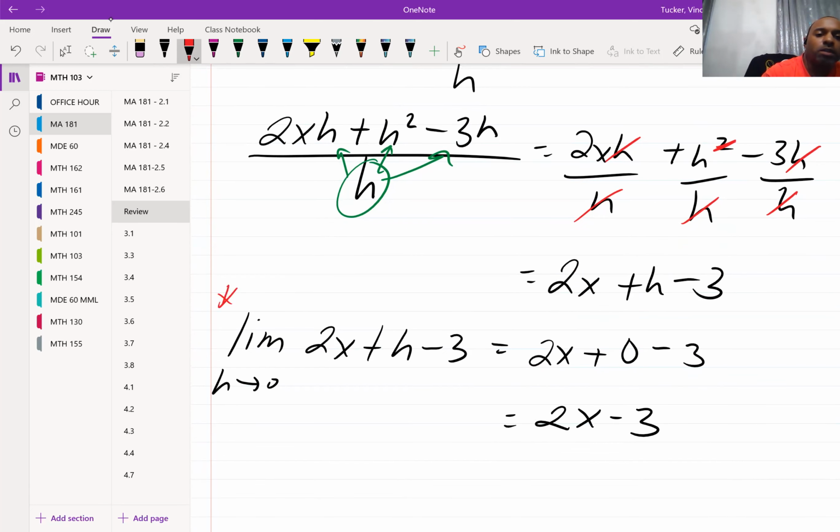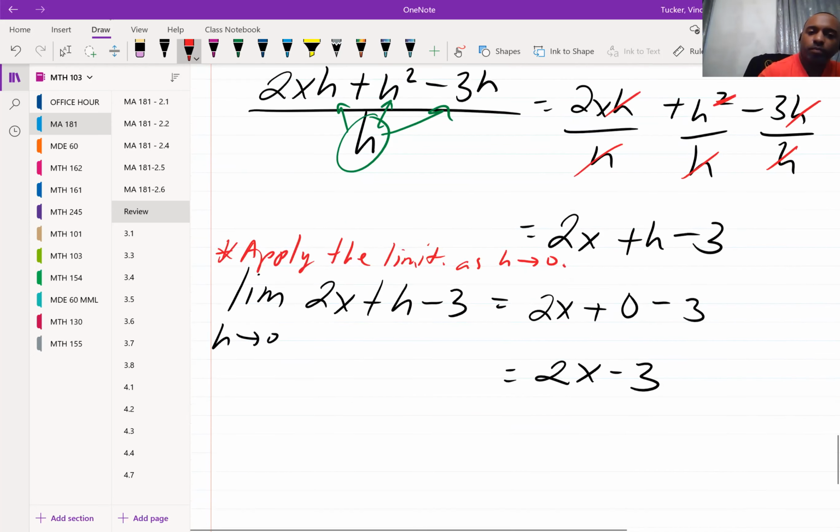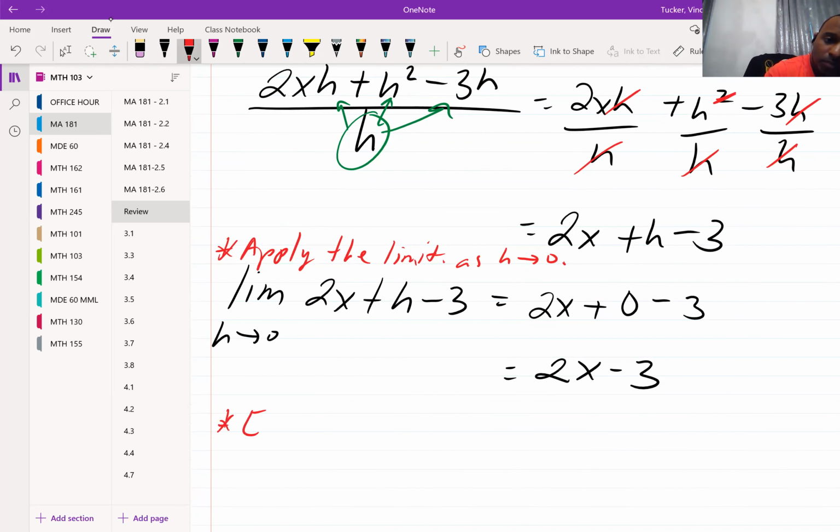I guess I could have started off writing steps.